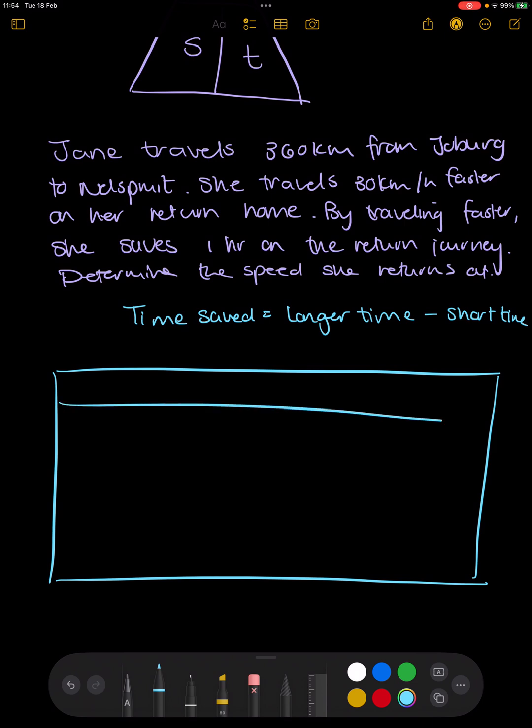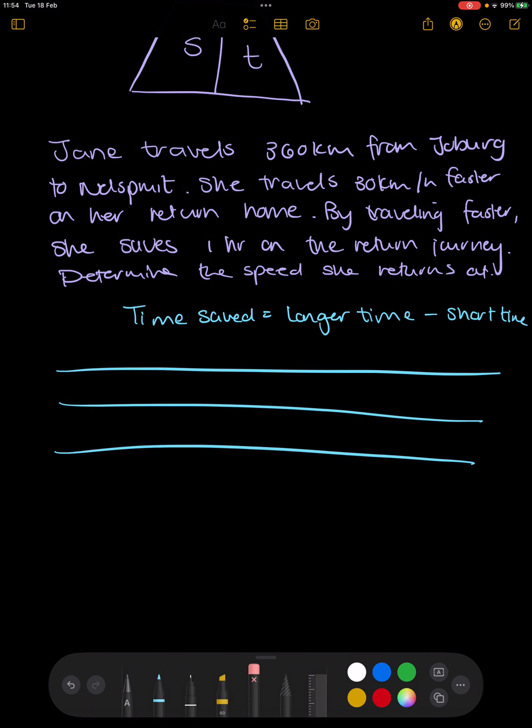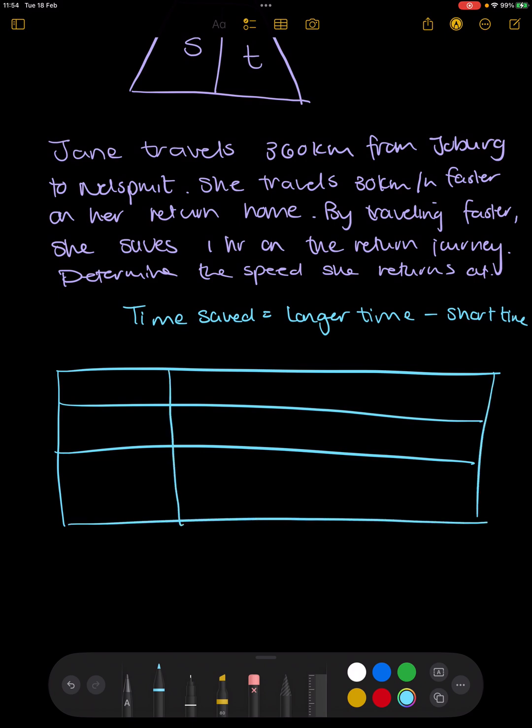Oh my, this table's a bit big. So we have a there and a back. Then we're going to have our speed, our distance, and then our time.